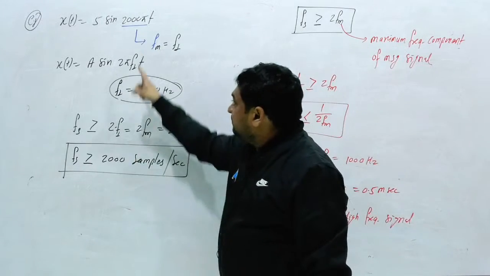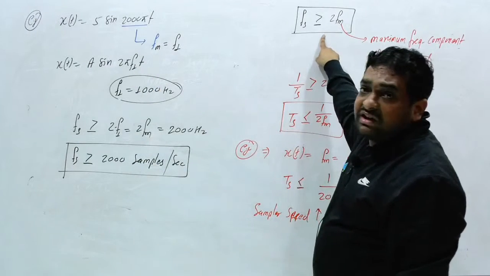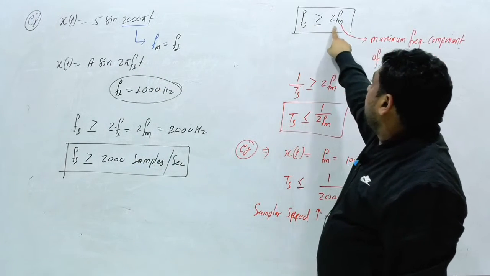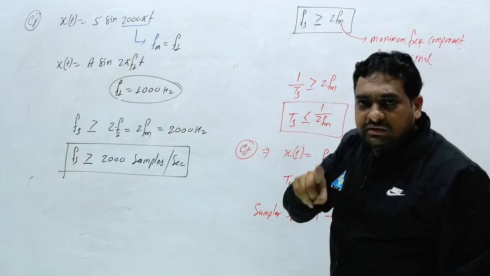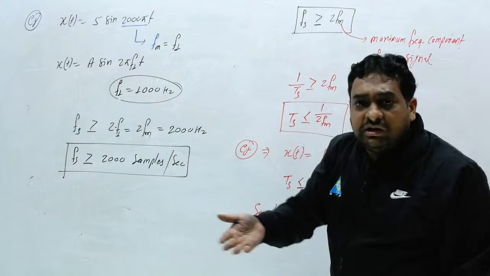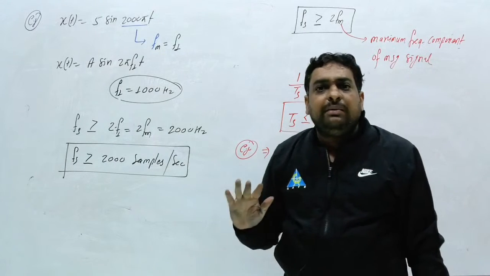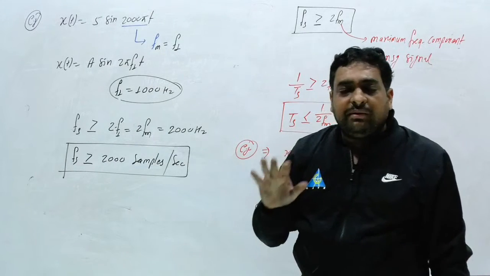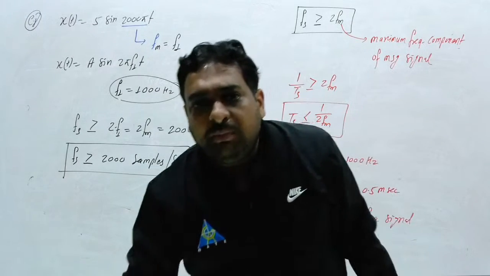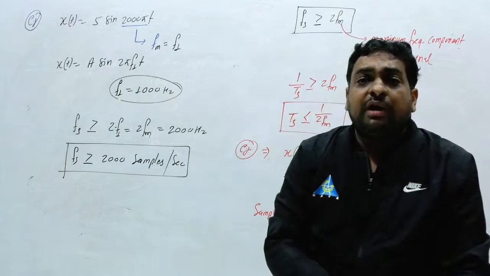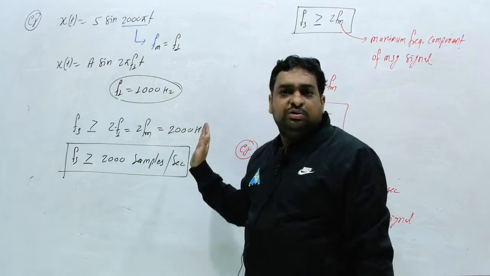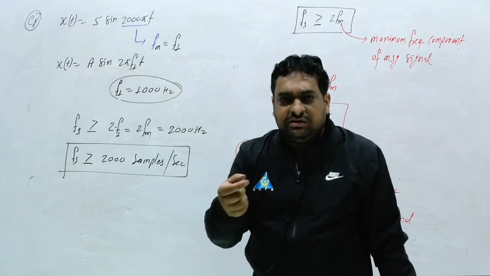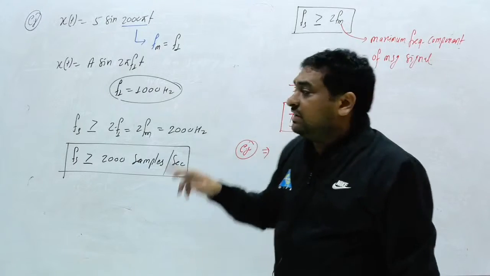So always, that's why we use the Nyquist criteria: fs is equal to 2fm. Clear my point? If you consider more, then you are wasting bandwidth. So we generally use the optimum value, but because of non-ideal filters, sometimes the value will be slightly more than 2000, sometimes 1.2 times the Nyquist rate.